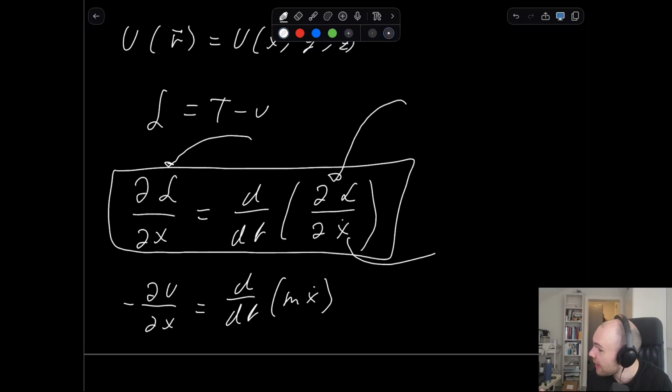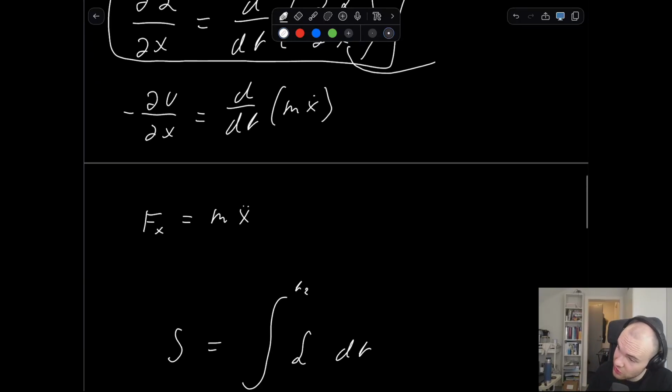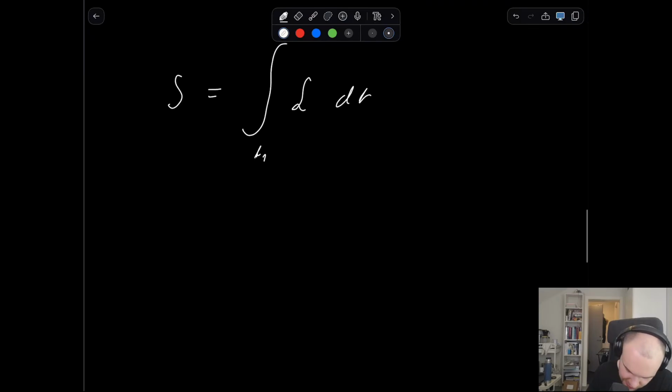We may have a force in terms of an angle, i.e. a torque. We may have a momentum in terms of an angle, i.e. angular momentum. You will see that it will make much more sense with an example. But that's just some notation that's nice to have. Okay, so let's move on.